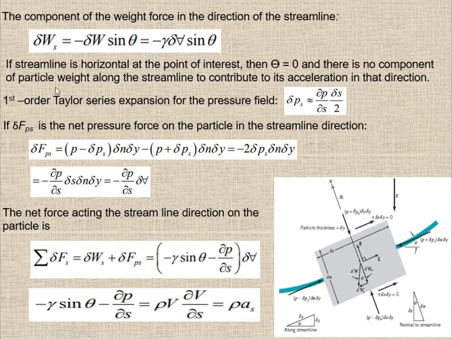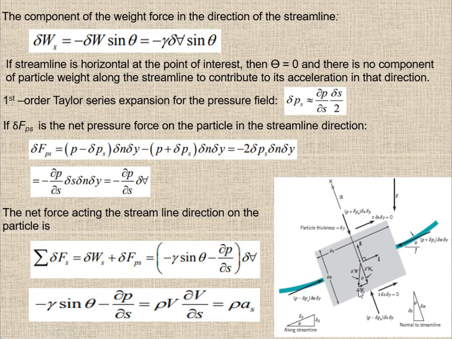Just for understanding, if the streamline is horizontal at the point of interest, theta is 0. If it is a straight horizontal line, there is no component of weight along the streamline, so this factor will be completely 0. In that case the weight is acting 100% perpendicular to the streamline.